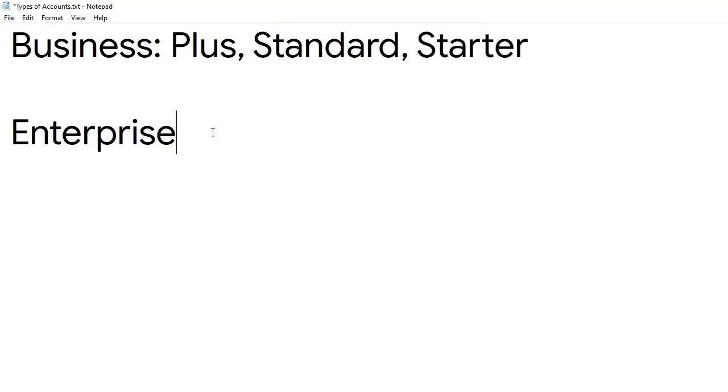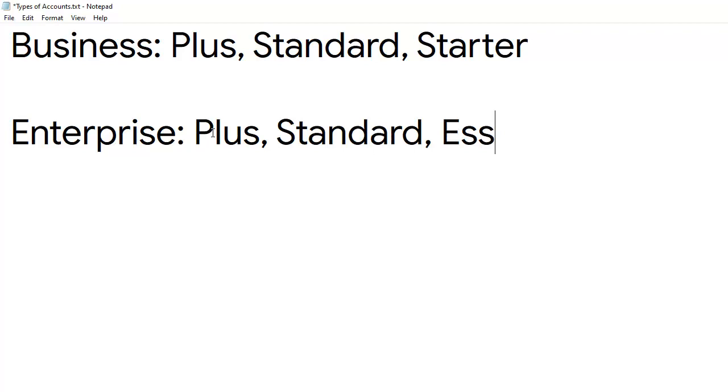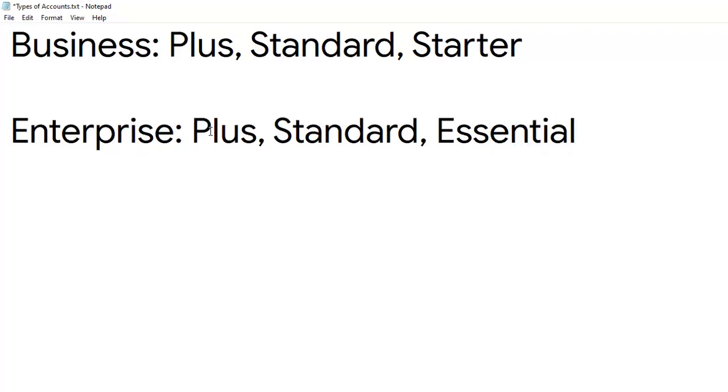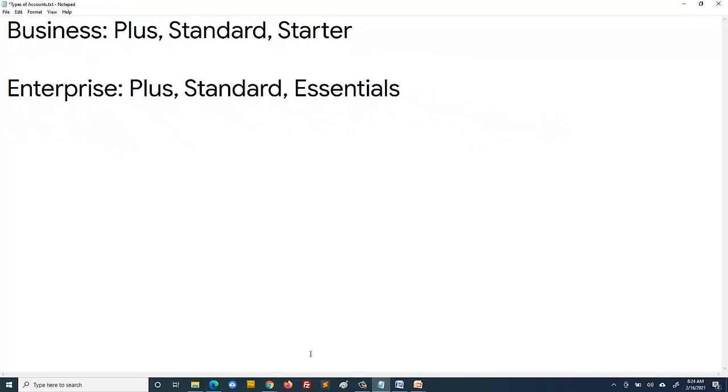And under enterprise, you also have plus, then you have standard, then you also have essentials. So these are the two categories basically.